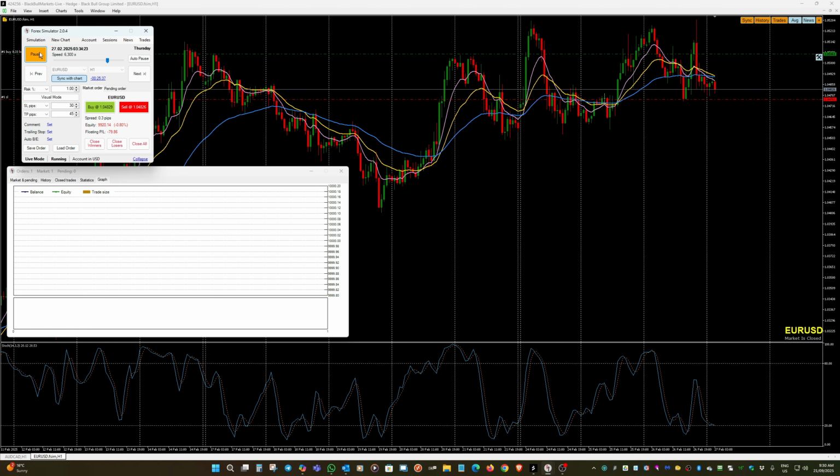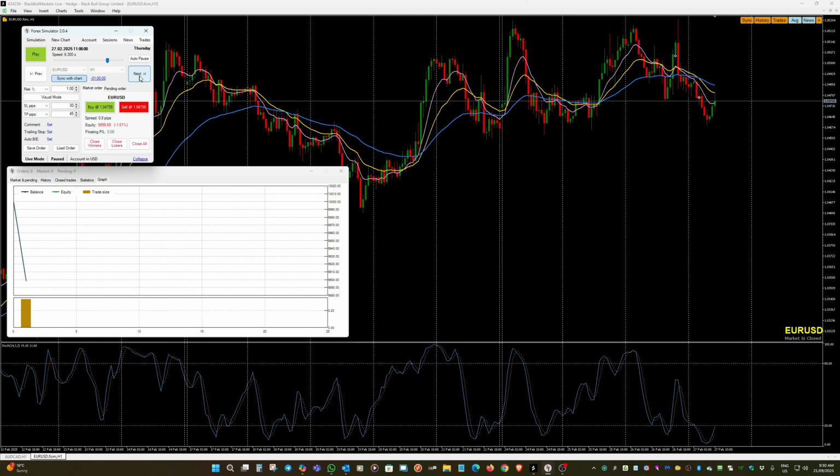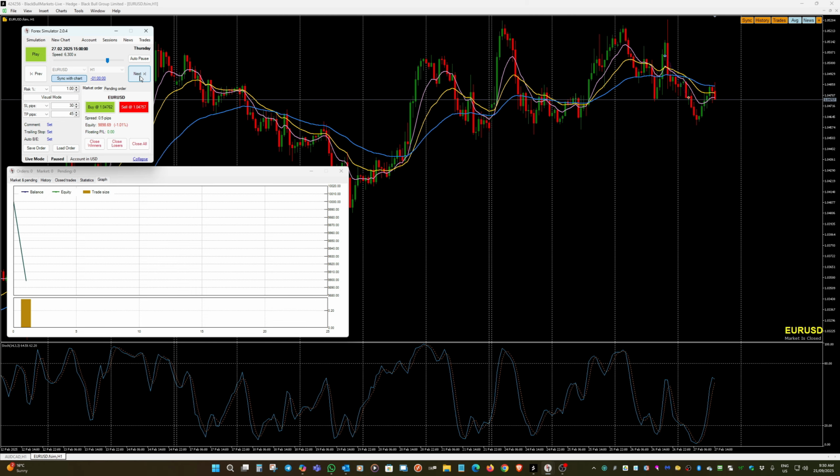And looks like the first one might hit the stop loss. Yes, there it is. So the first one was actually a loss, but not a problem. This is a bit of a long run. We could be looking at a couple of weeks before we actually hit our target, but let's see how we go.